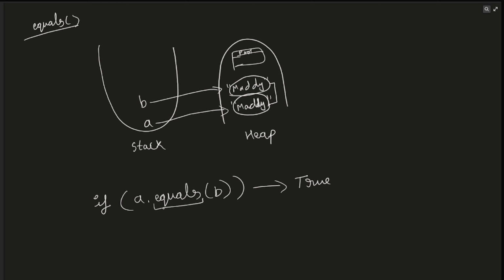What we can understand from this is the comparator will always check whether both the reference variables are pointing to the same object or not, whereas the dot equals method checks whether both the objects' values are the same or not. Irrespective of pointers, it will only check whether object values are the same or not. Even if B is pointing to the same object as A, it will compare whether the same object is equal to itself or not. The result will always be true.